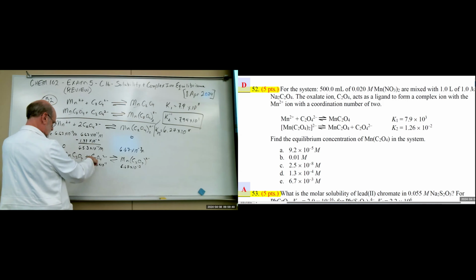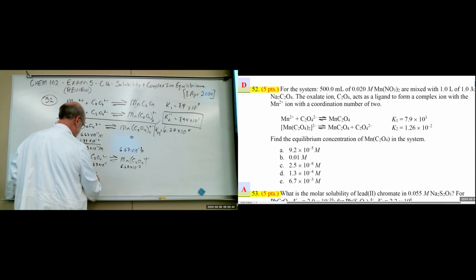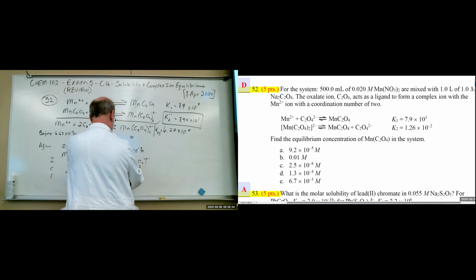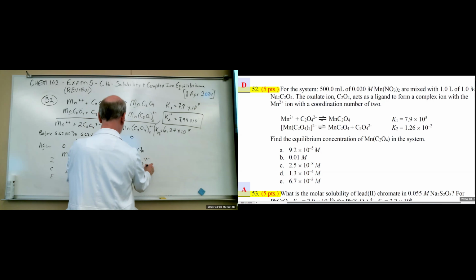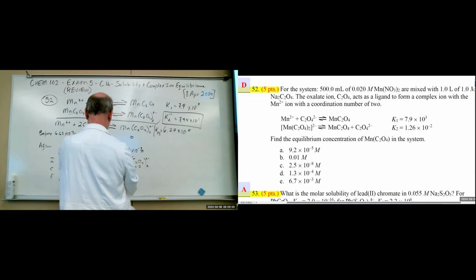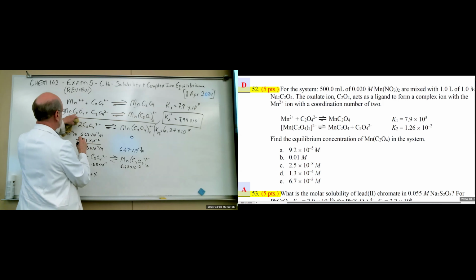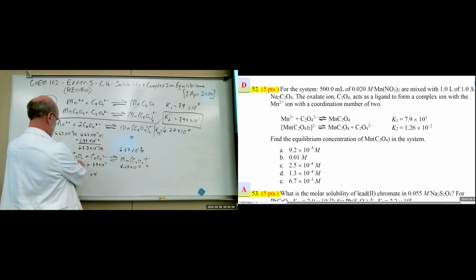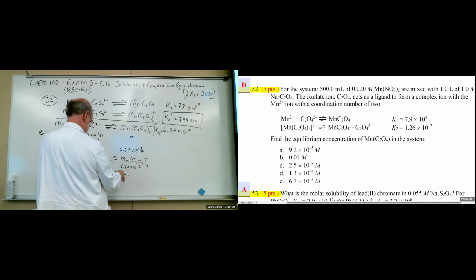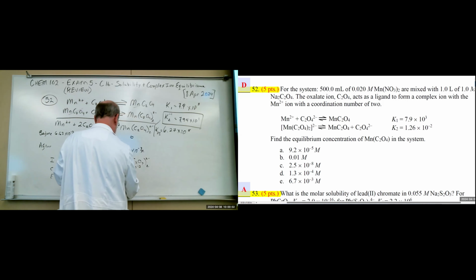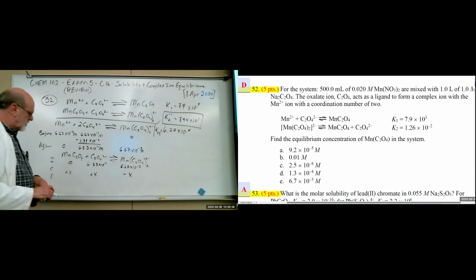That means this is the same ratio. We're going to add an X there. We're going to lose an X here. Let's see, this is 2. Hold on a second. Yeah. 1, 2, 1, 2. Okay, so this one's going to lose that much, right?